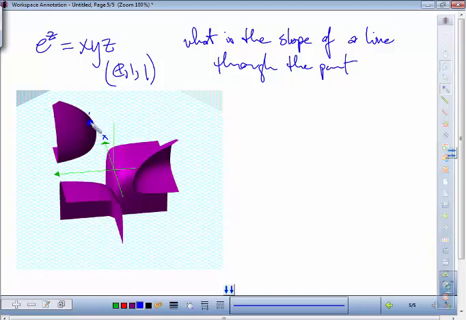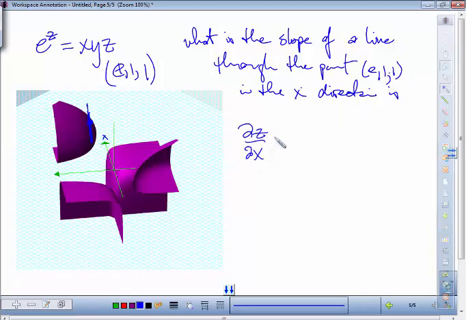So what I want is that if I want to find the slope going in the x direction at this point, what would that be? So the slope of the line through the point e,1,1 in the x direction is given by the partial of z with respect to x.